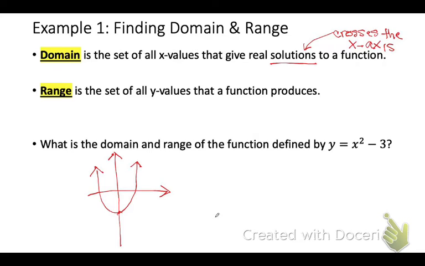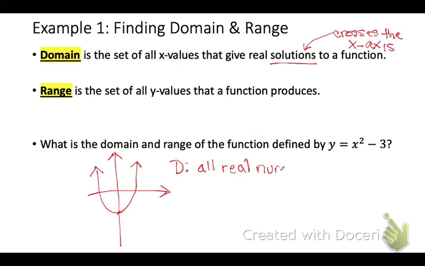So I'm going to write D for, guess what? Domain. You might want to write domain all the way out because you didn't write the problem, right? Domain is all real numbers.